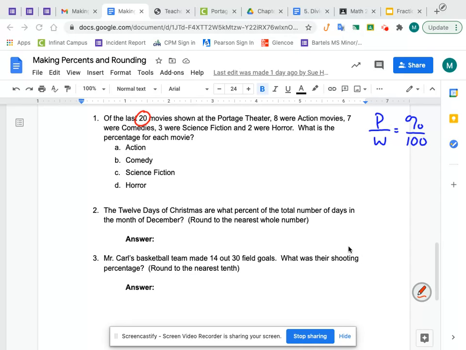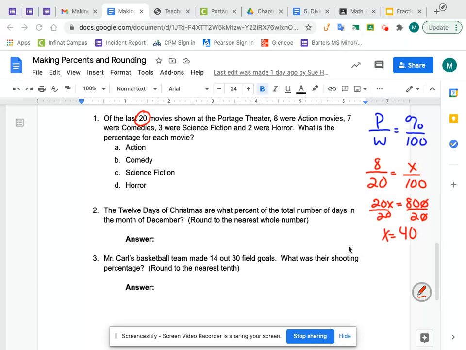So about part, if it's action, I'm looking 8 were action. So 8 over 20 equals x over 100. So then 20x equals 800 divided by 20. Because I'm dividing, I can cancel out a 0. 2 goes into 8 4 times, 0 left over.